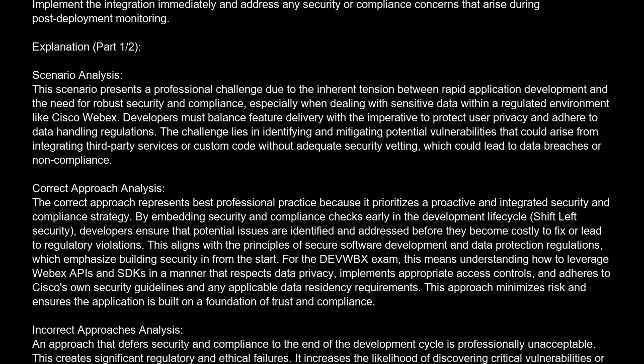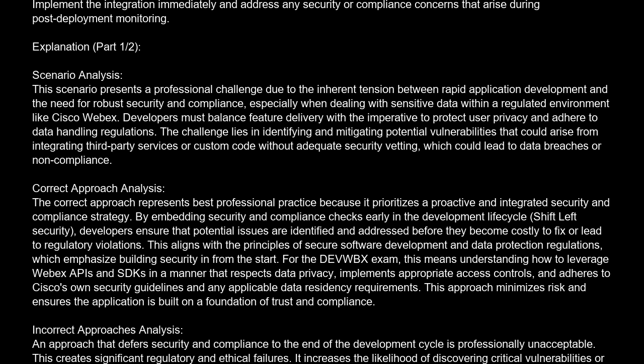Correct approach analysis. The correct approach represents best professional practice because it prioritizes a proactive and integrated security and compliance strategy. By embedding security and compliance checks early in the development lifecycle, shift-left security, developers ensure that potential issues are identified and addressed before they become costly to fix or lead to regulatory violations.